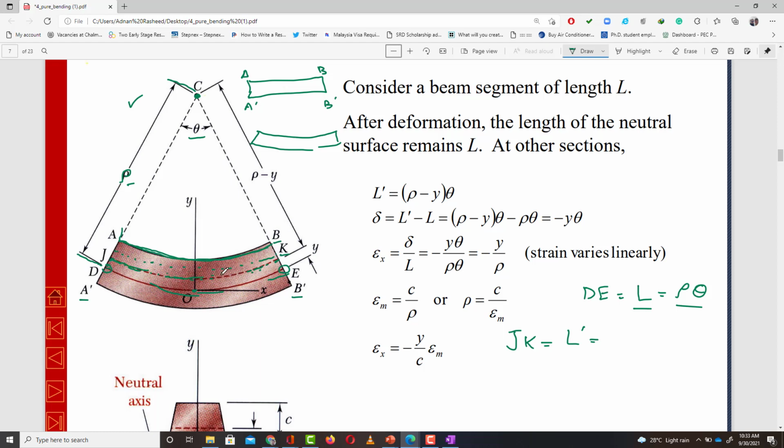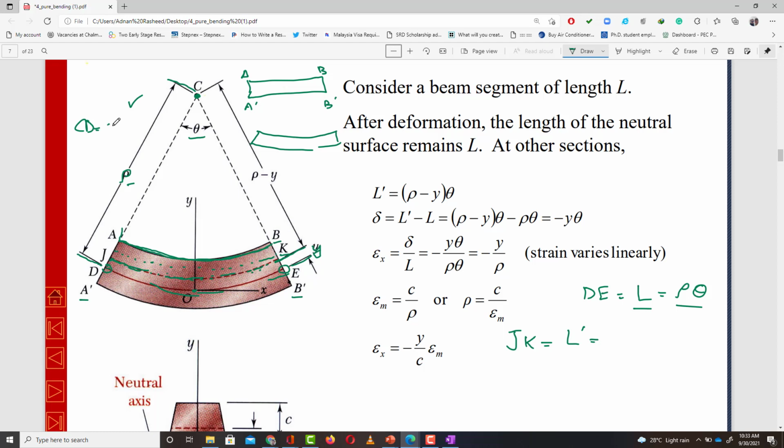This JK is at a distance of Y from the neutral axis. So now the distance CK will be equal to the distance CD minus Y, where CD is rho.